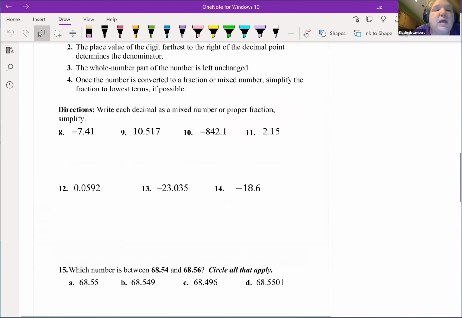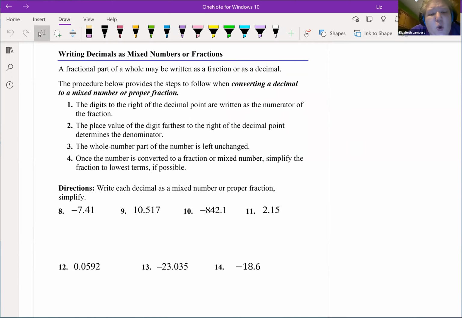A fractional part of a whole may be written as a fraction or as a decimal. The procedure below provides the steps to follow when converting a decimal to a mixed number or proper fraction. So mixed numbers, the wholes go out front, and then the resulting fraction is always proper because you've pulled out every whole, so the top number is now smaller than the bottom.